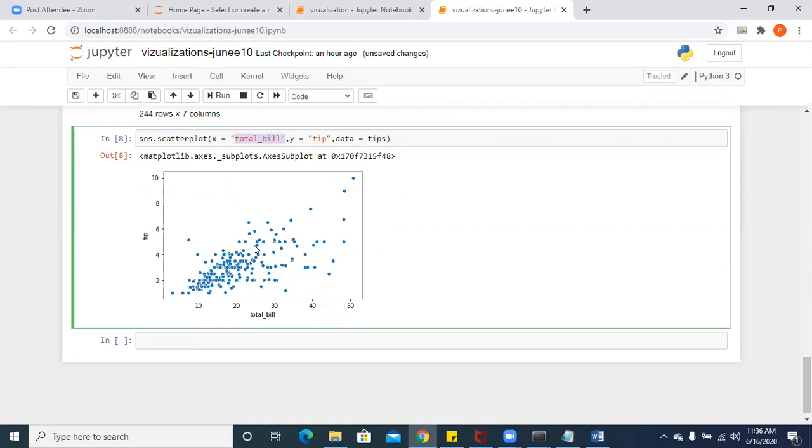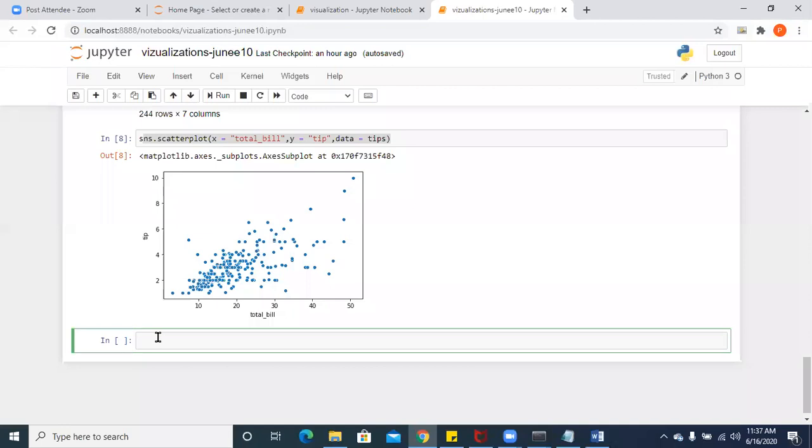Guys, you didn't find any information from this? The lesser the total bill, the lesser the tip; the higher the total bill, the higher the tip. Yes. So from the scatter plot, we can see that as the total bill increases, the tip is also expected to increase. The same thing you can also do by drawing with matplotlib.